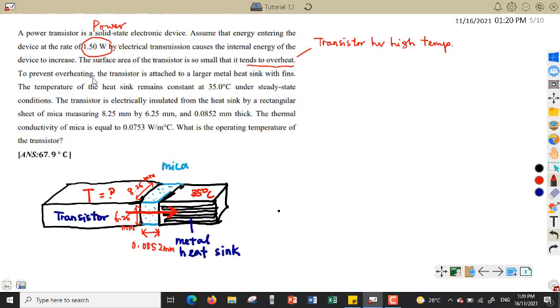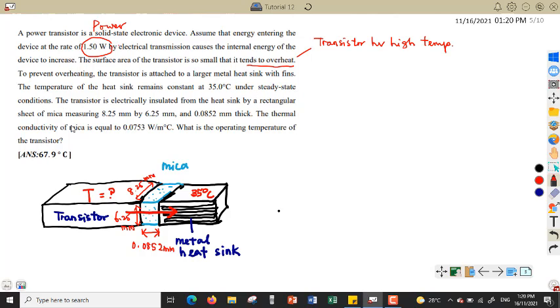So to prevent overheating, to stop the transistor from becoming too hot, the transistor is attached to a larger metal heat sink with fins. So we cool the transistor by attaching it to a metal heat sink. The temperature of the heat sink remains constant at 35 degrees Celsius under steady state conditions.